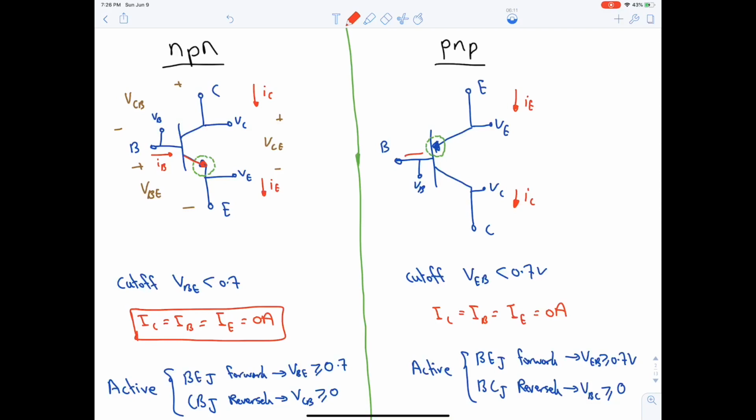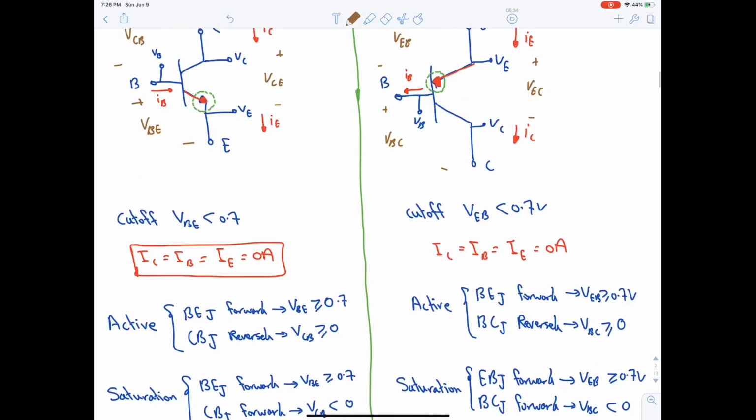And again, it's with the arrow, so IB is facing outwards. The voltage drop between this point and this point is called VEC, between this point and this point is VBC, and between this point and this point is VEB.